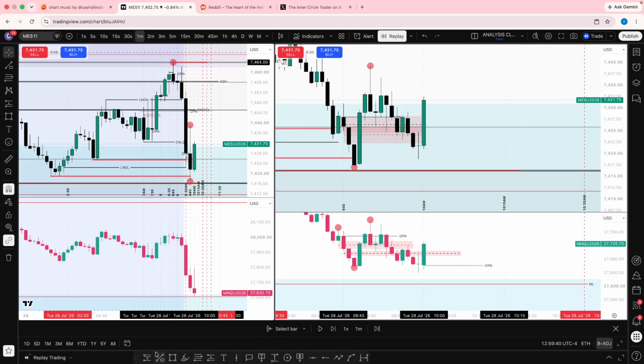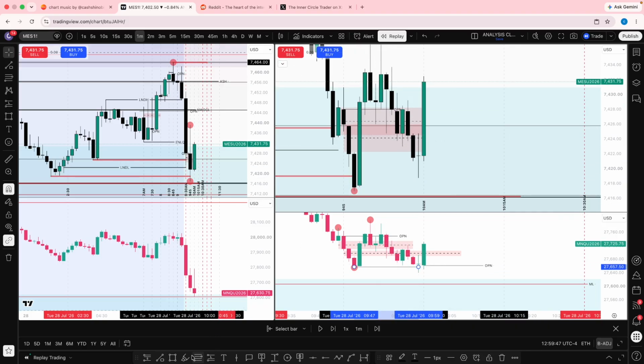We also just swept liquidity right here on NQ. We did not take out this low right here, so that's looking like a SMT, right? And we came back above this inversion fair value gap, so I could put an entry right here.